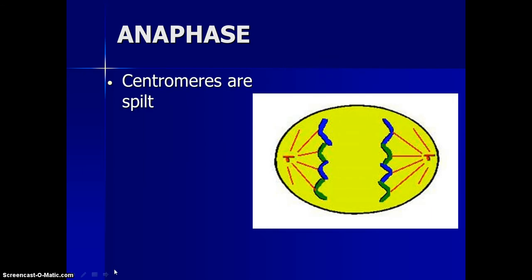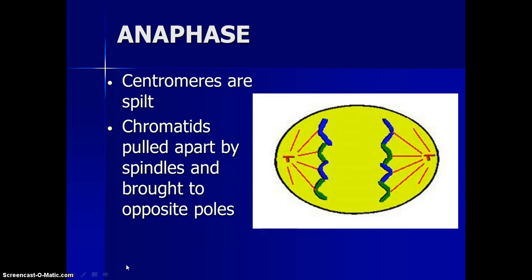The third step of mitosis is anaphase. As you can see by the cell picture, something new has also happened. The centromere has been split. The sister chromatids have been pulled apart towards the opposite poles of the cell.